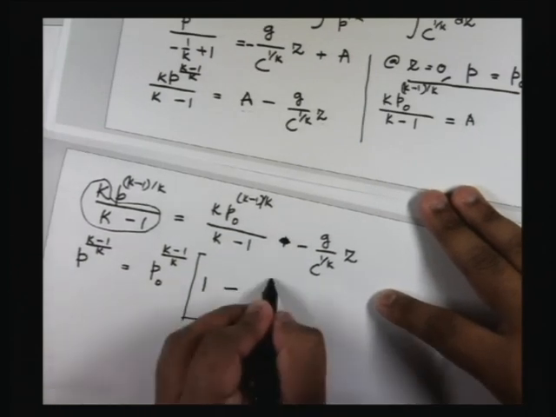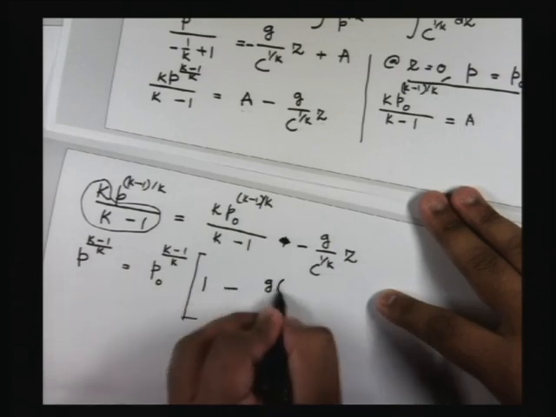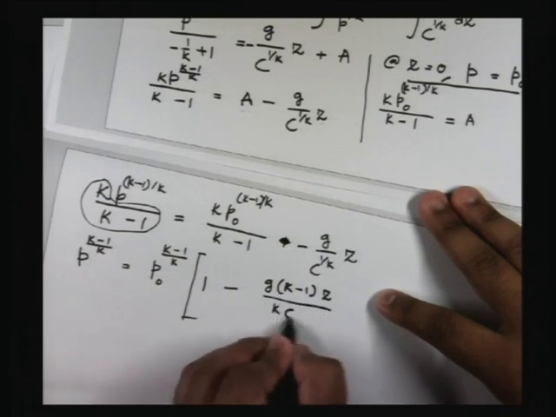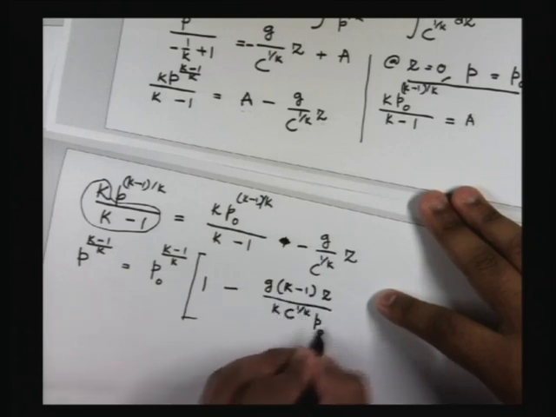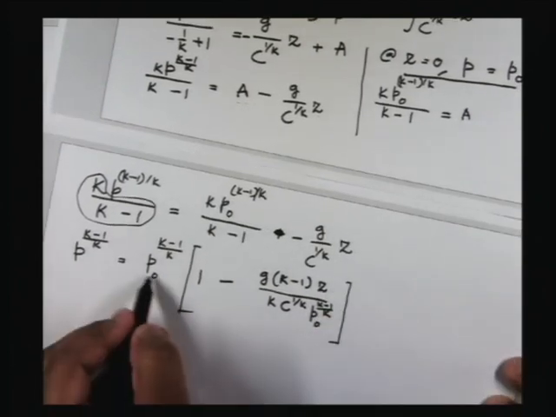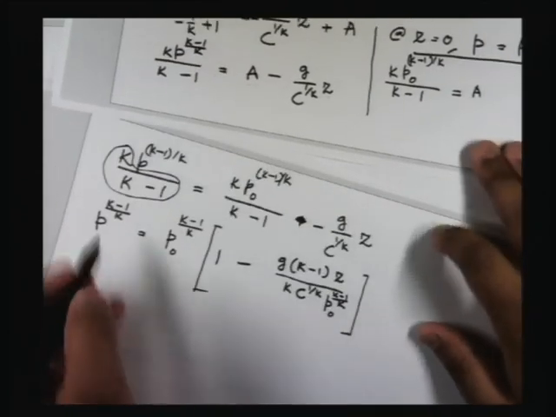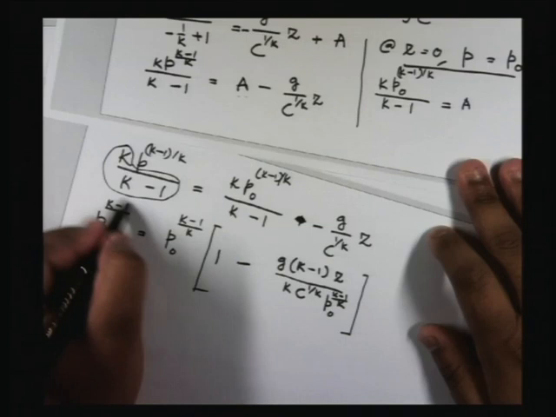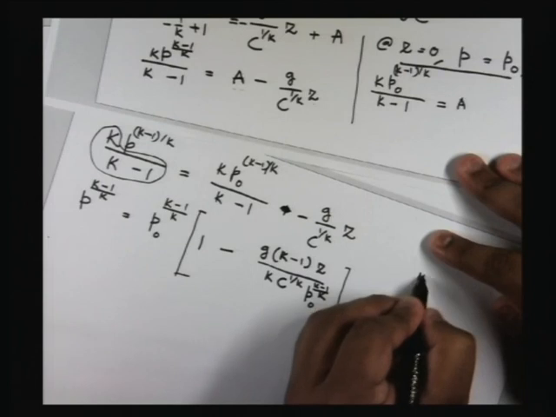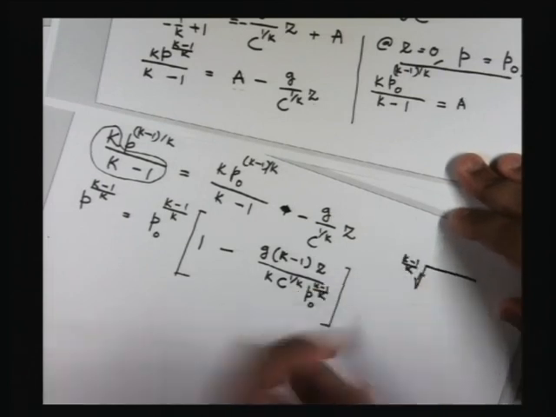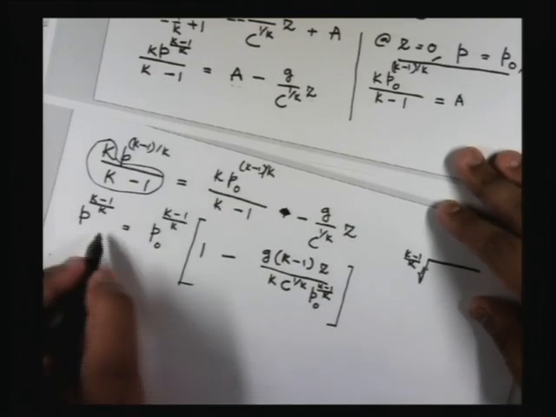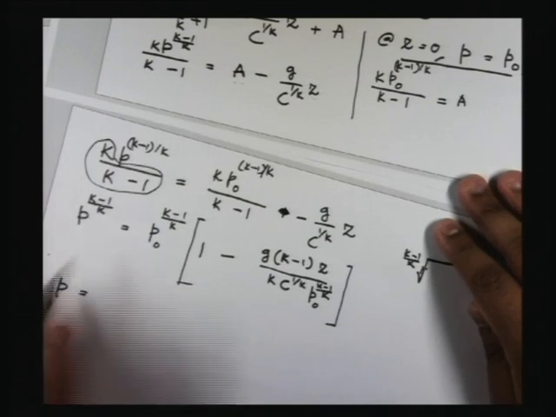1 minus this (k minus 1) by k to the power 1 by k P naught to the power (k minus 1) by k. So I have taken common this term. Now we take the root, this 1 minus 1 by kth root of this equation, and we end up with this becomes 1.